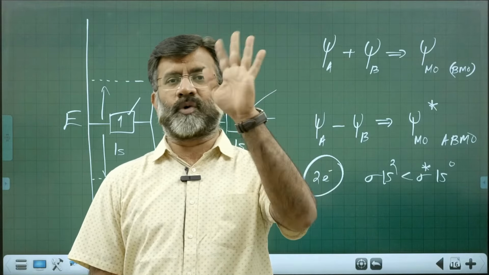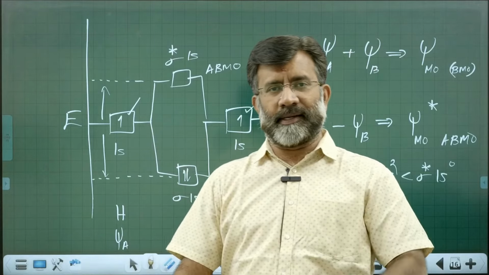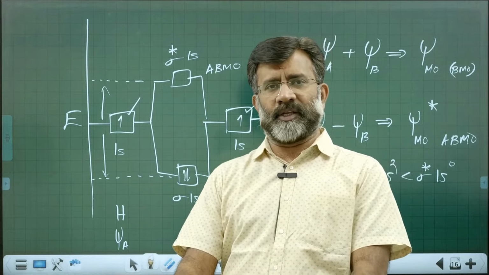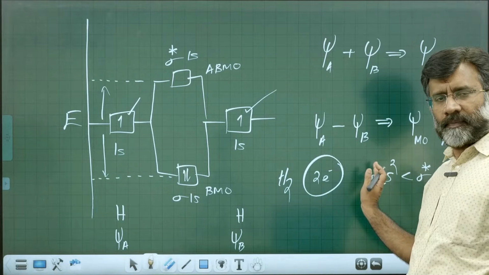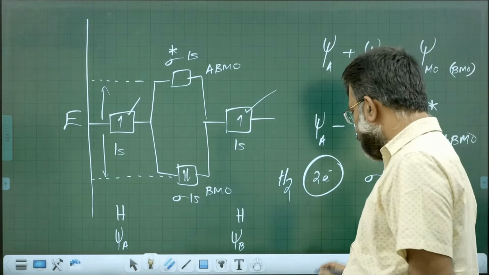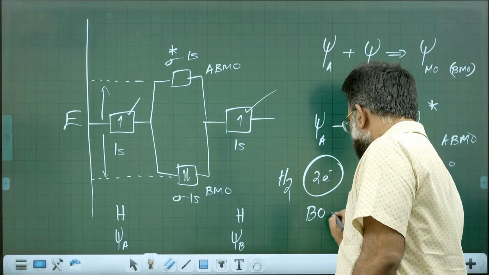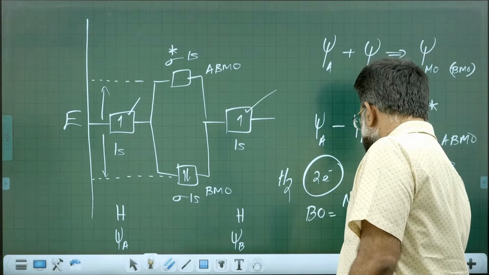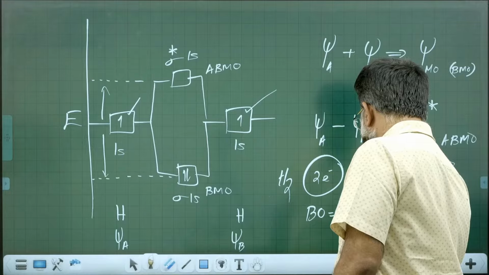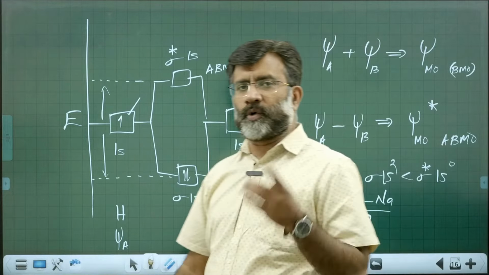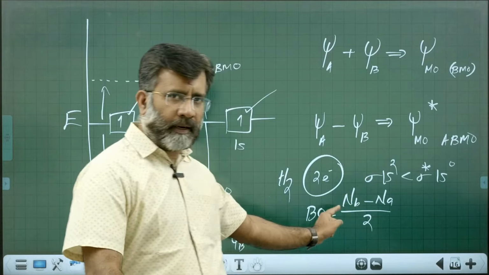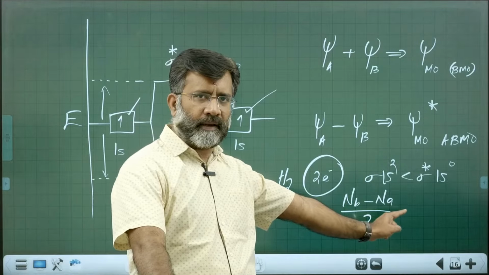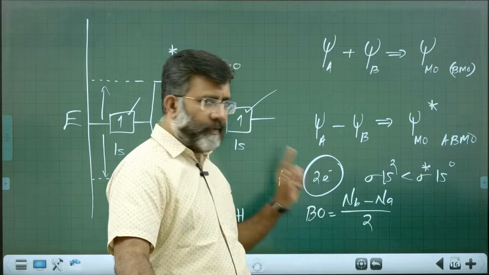I was about to comment that. It is a diamagnetic species, no unpaired electrons present. Moreover, you can find the bond order. How to find the bond order? Bond order is equal to Nb minus Na by 2. I am reminding you how to find the bond order: number of electrons in bonding molecular orbital minus number of electrons in anti-bonding molecular orbital divided by 2.